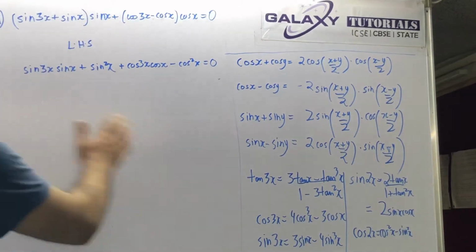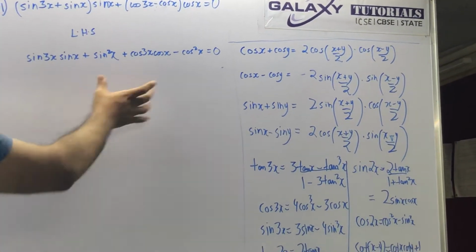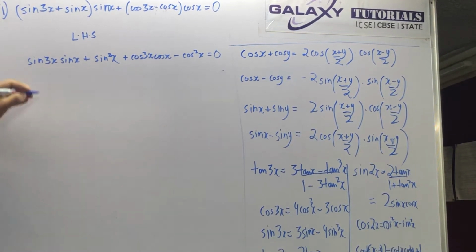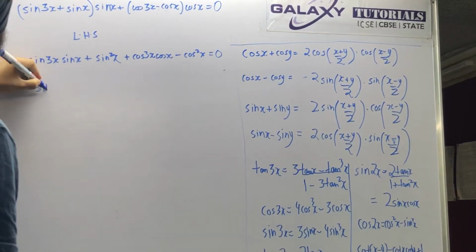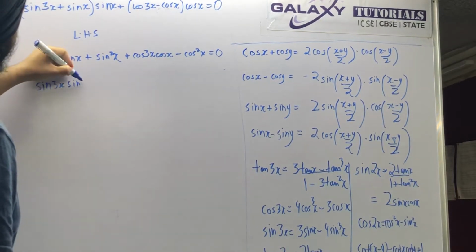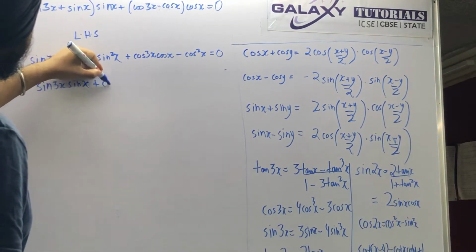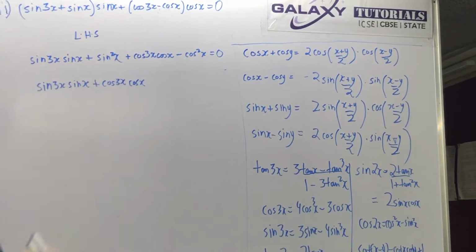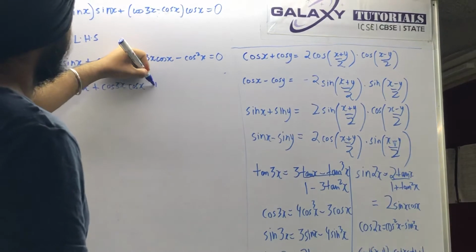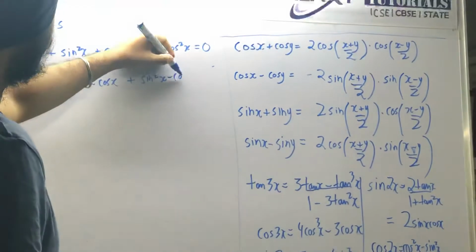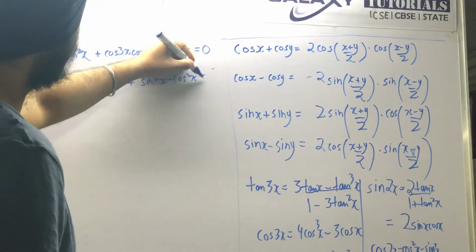I hope till now it is clear. Now just arrange the square terms together, and cos 3x cos x and sin 3x sin x together. So sin 3x sin x plus cos 3x cos x, plus sin square x minus cos square x.